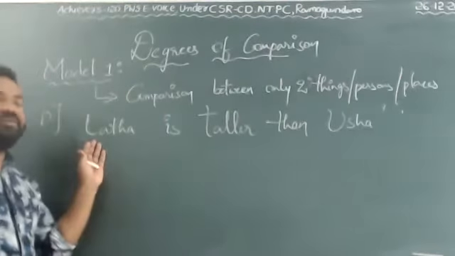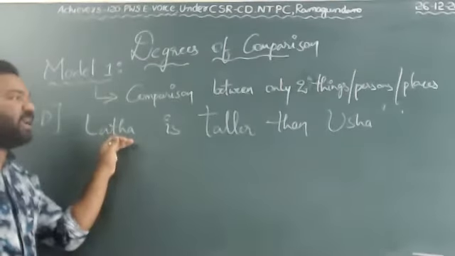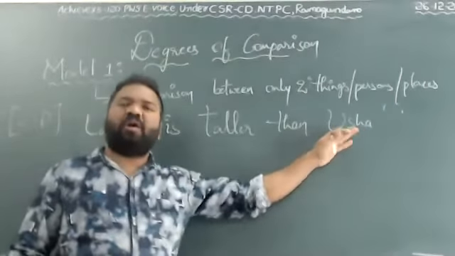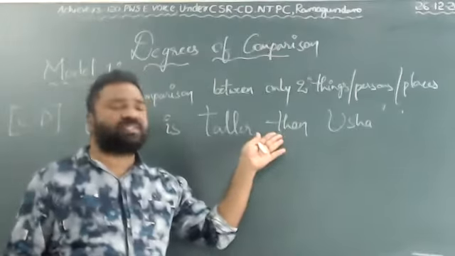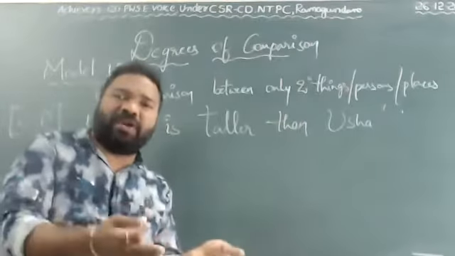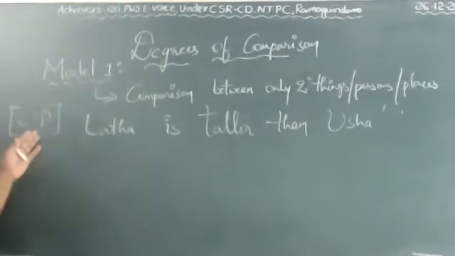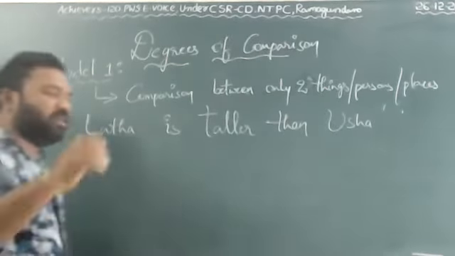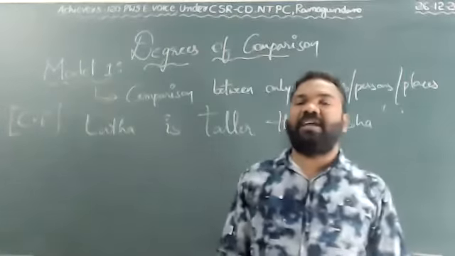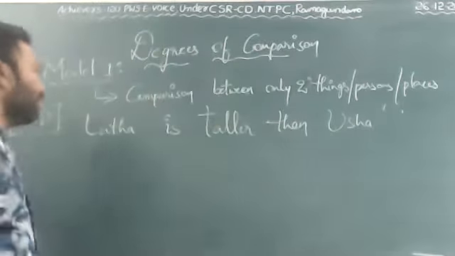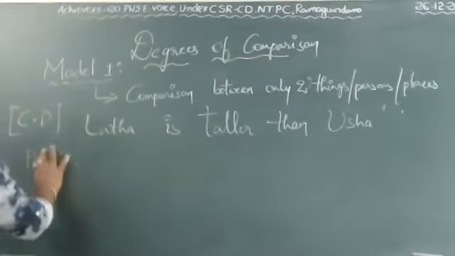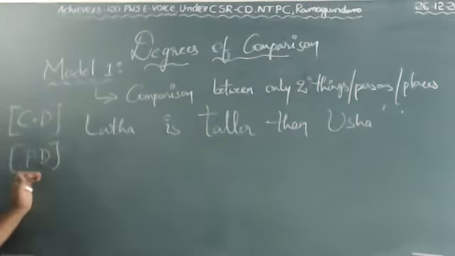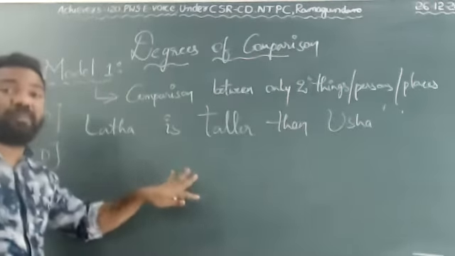Very simple. We know that this statement, Lata is taller than Usha, is obviously in the comparative degree. That's why I have written here CD. CD means comparative degree. Now, the question for your annual examination, paper 2, asks us to convert comparative degree into positive degree.